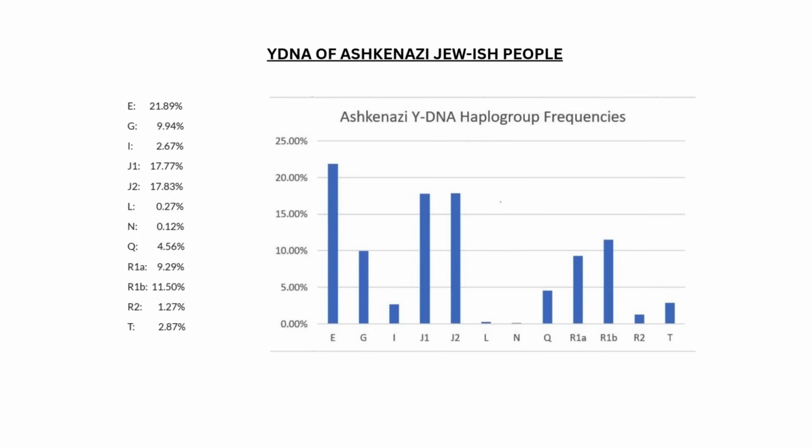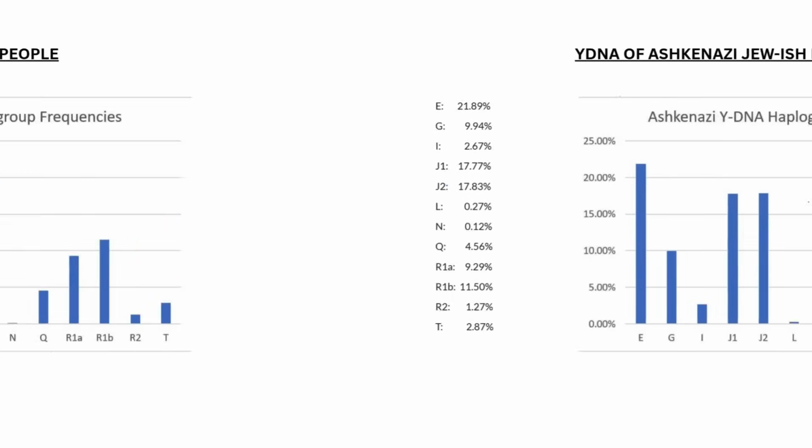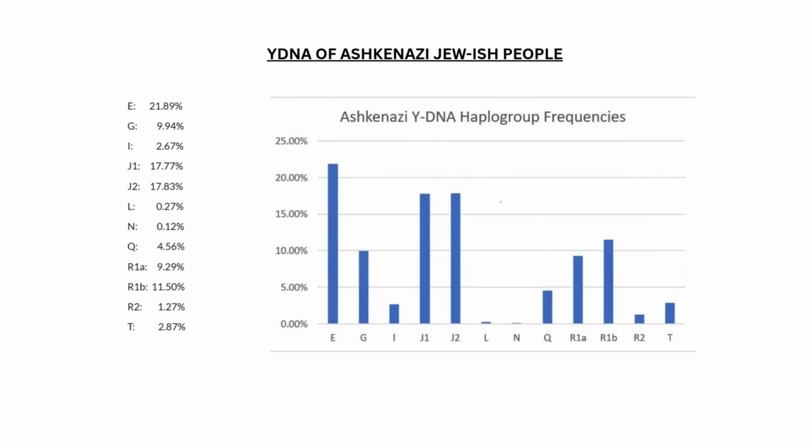I would like to touch on the Ashkenazi Jewish population just a little bit, just to draw a distinction between their DNA profile as compared with the DNA profile of Yashar'el people, or the Israelites, as I've discussed. What you see here on the screen is a breakdown of the haplogroups present within the Ashkenazi population.